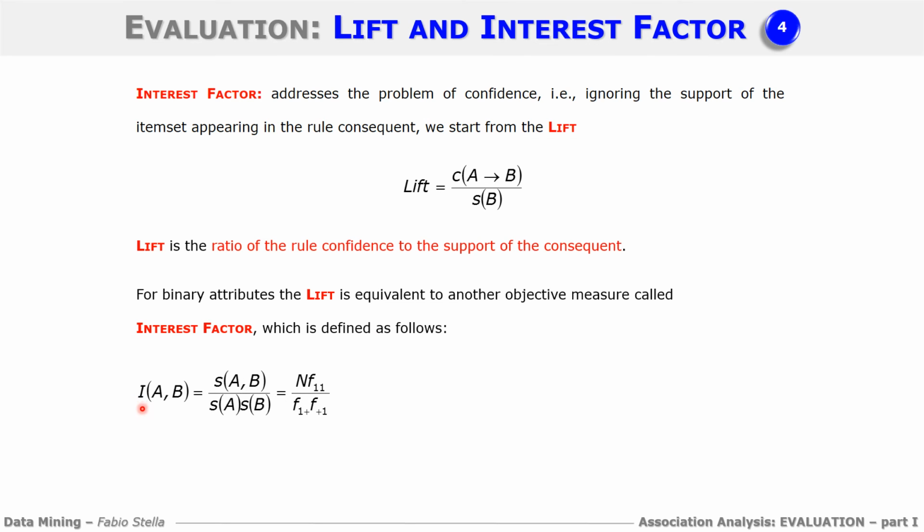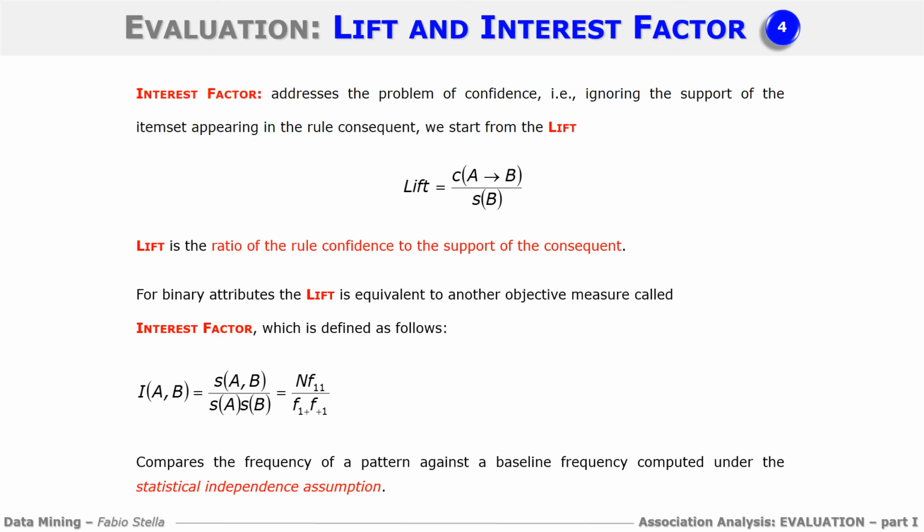Interest factor between A and B is equal to the support of A and B divided by the product of the support of A and the support of B. It can also be translated to the ratio N times F11 to F1+ times F+1. In particular, interest factor compares the frequency of a pattern against a baseline frequency computed under the statistical independence assumption.